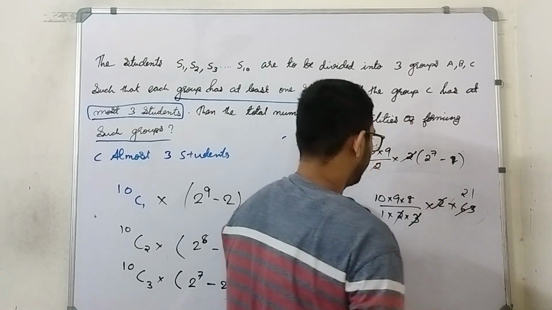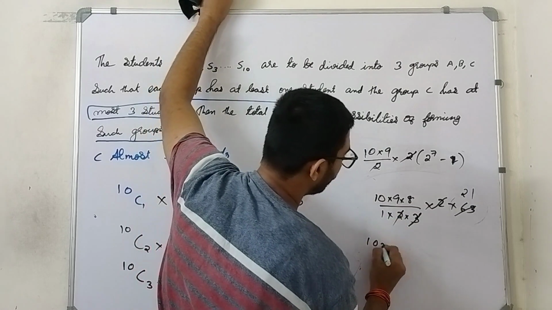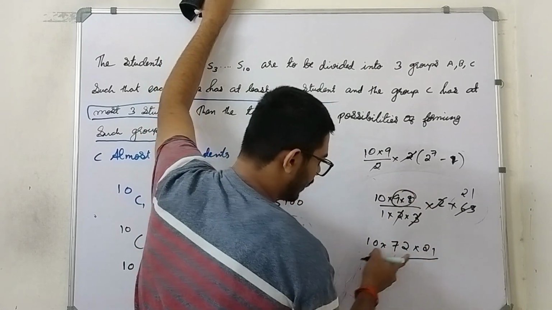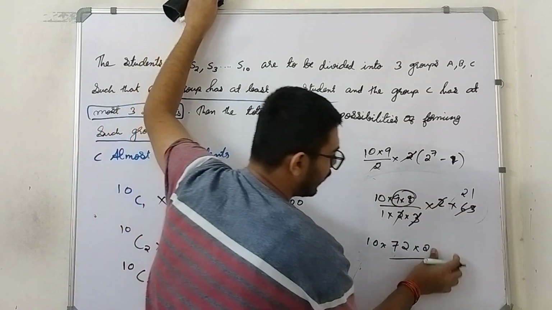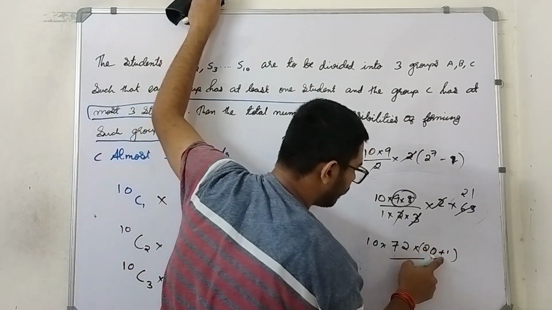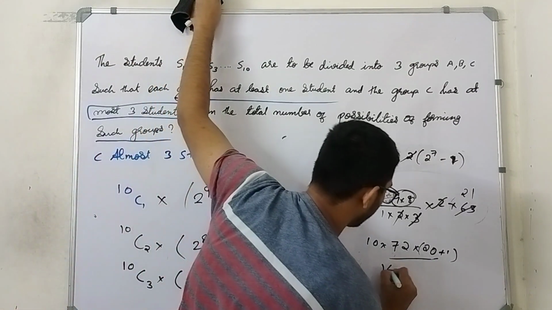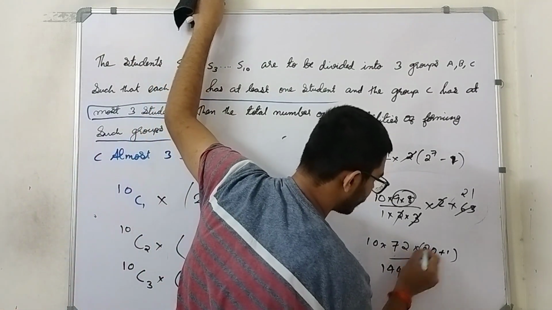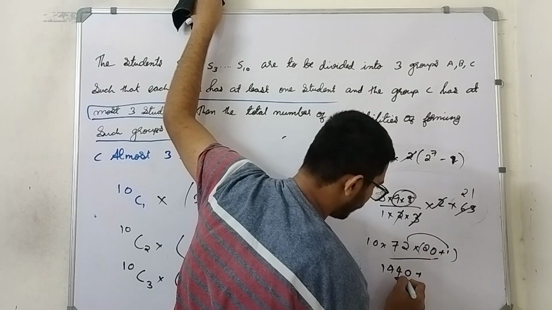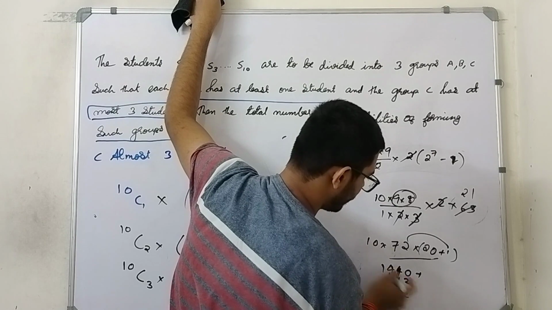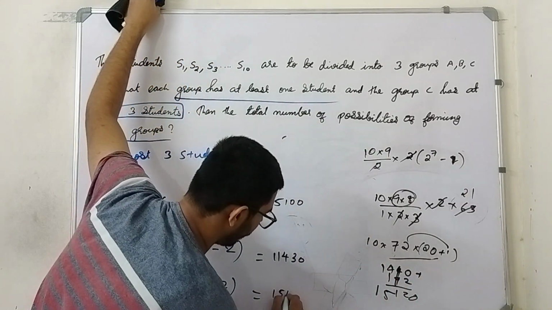It will be 21. Now 10 into 9 into 8 is 720, into 21. So we can calculate this as 20 plus 1, and the value will be 15120.